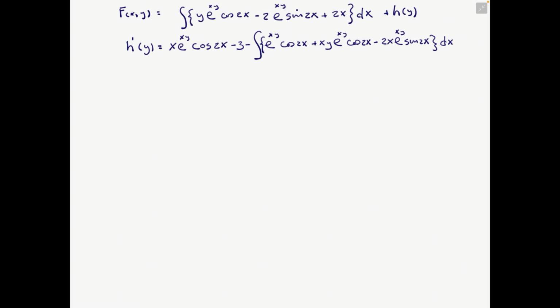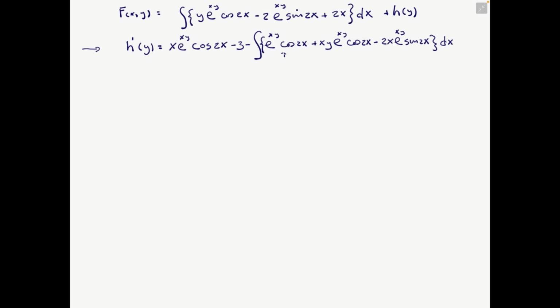So, first off, it's best to break it up into pieces, because the top integral is really where we have f of xy. Oh, I forgot, plus h of y. The top integral, f of xy, is three separate integrations, as is the bottom integral.